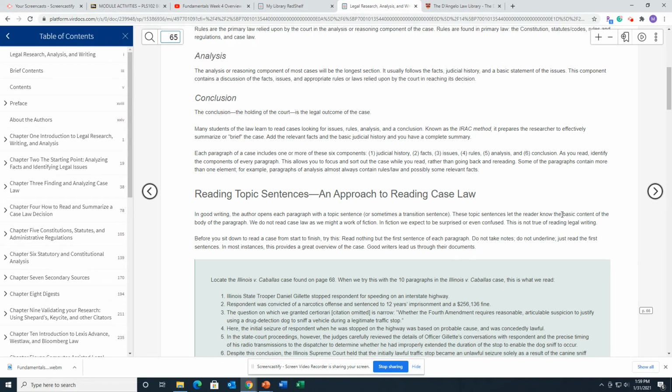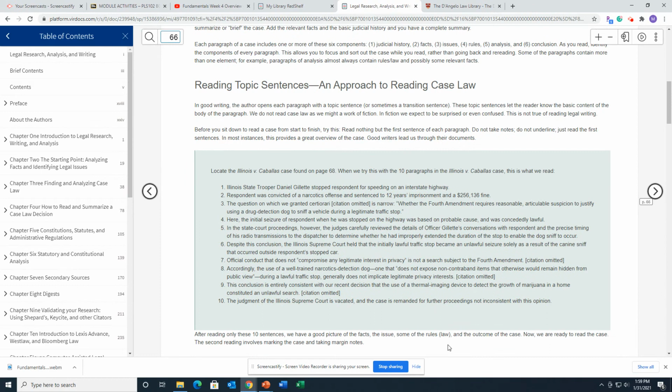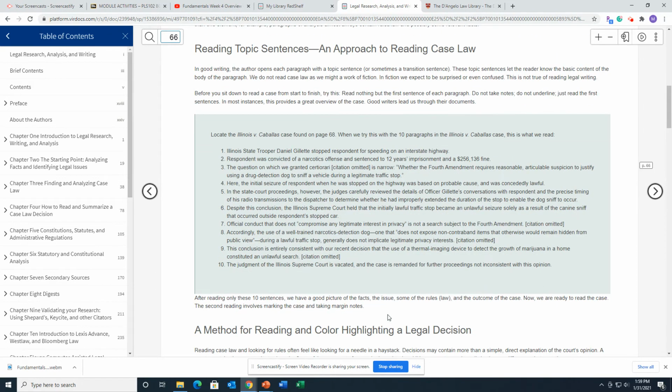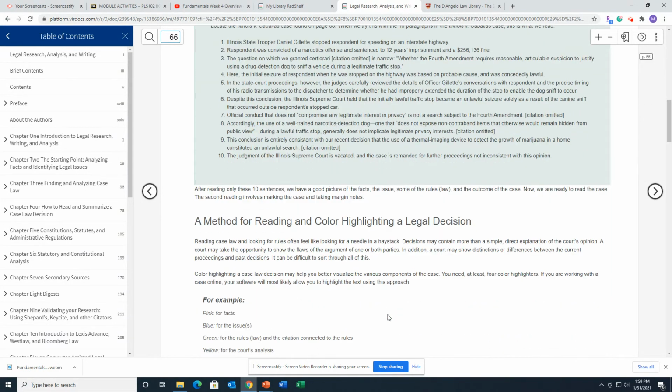So if you go to this case on page 68 and you just wrote down the first sentence of each paragraph, it's kind of a way of saying what happened. You get a good picture of the facts, the issues, and the outcome. And then maybe it helps you figure out what it really means.